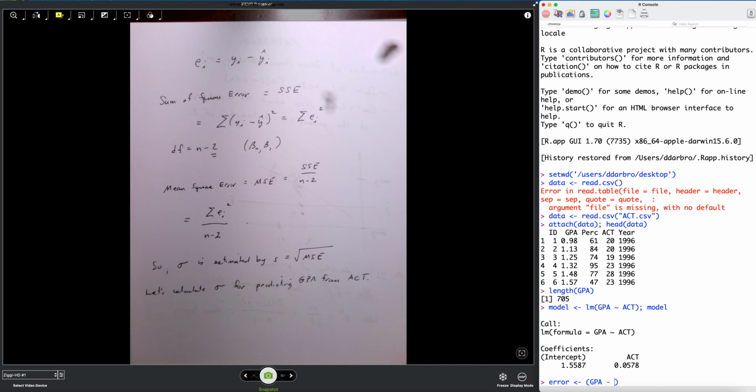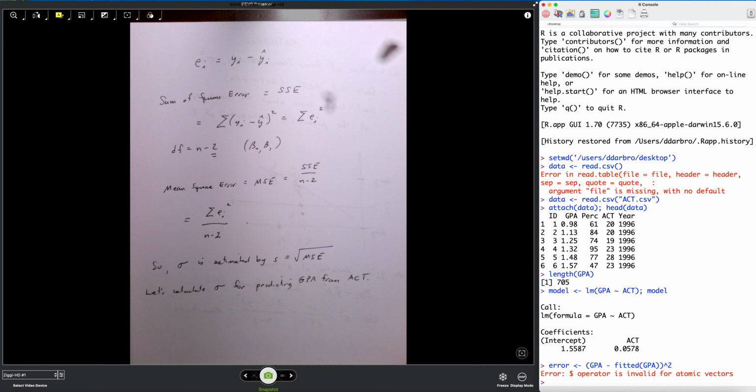minus the fitted GPA. Make sure I got my parentheses right. Anyway, what did I do wrong here?